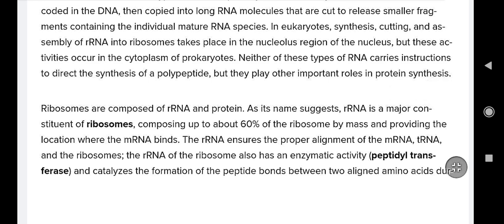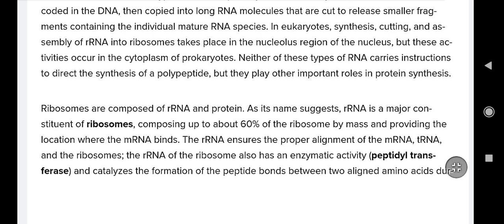Now ribosomes, as we know, are made up of RNA, what type of RNA? rRNA and proteins. rRNA means ribosomal RNA, and as the name suggests, rRNA is the major constituent of ribosomes.